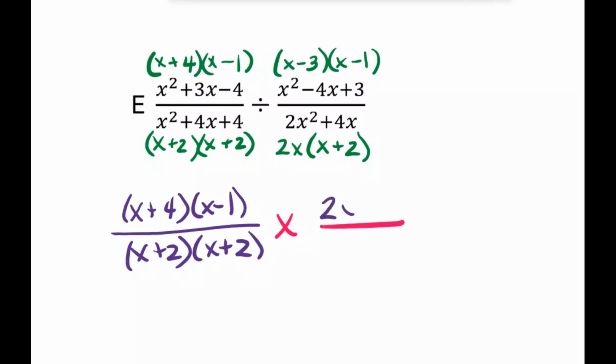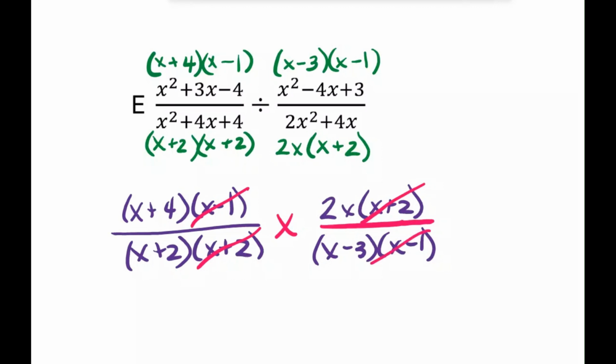So I'm going to put my 2x, x plus 2 on top, and then my x minus 3, x minus 1 on bottom. All right, and then cancel out. Let's see, what do we have the same? I've got an x plus 2, x plus 2. I've got an x minus 1, x minus 1.